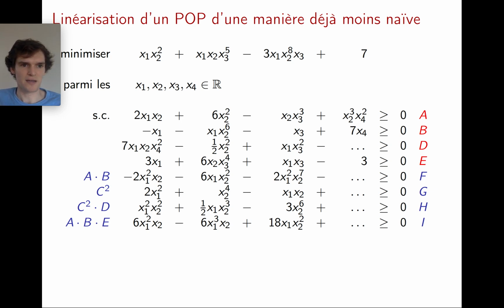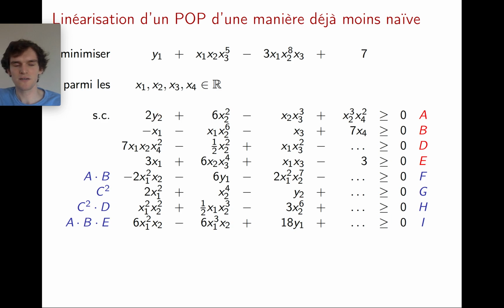We try to take out all the non-convexity that comes from the product of variables, so whenever we see one of those monomials, we replace it. So for instance here, x1 times x2 squared, we can replace by y1, x1 times x2, we can replace by y2.